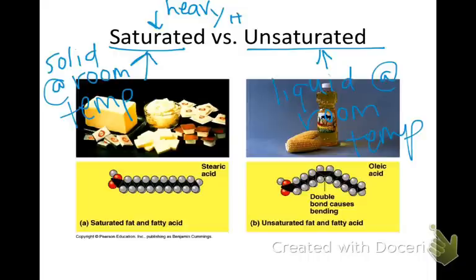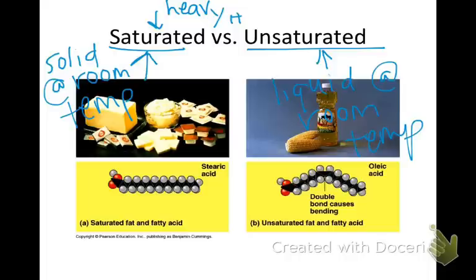And we need to know that there are no open bonds. If you're saturated, you have no room to bond with anything else. That's why butter and margarine are really, really solid at room temperature. Even after you melt them in the microwave, you can leave butter out for a while at room temp, and it will go back to being a solid.